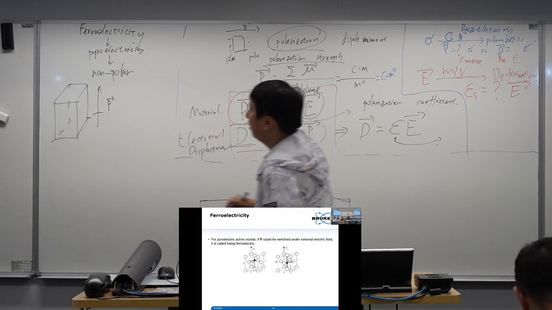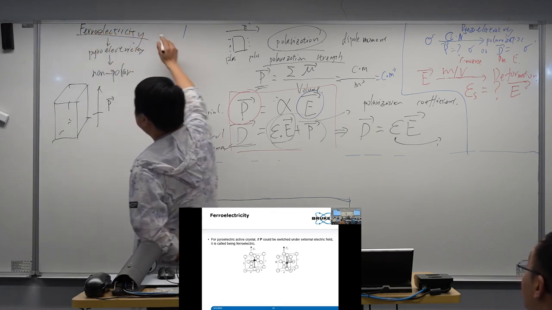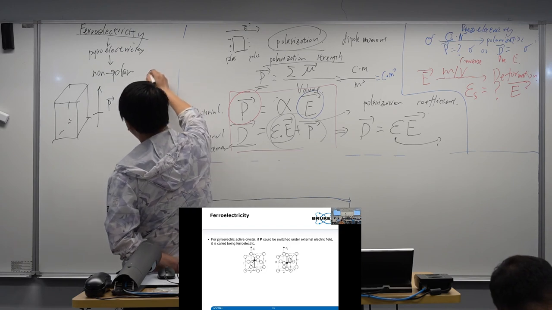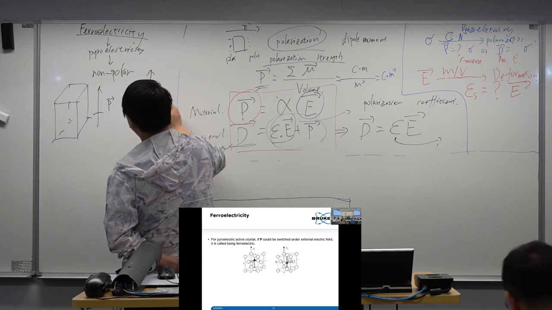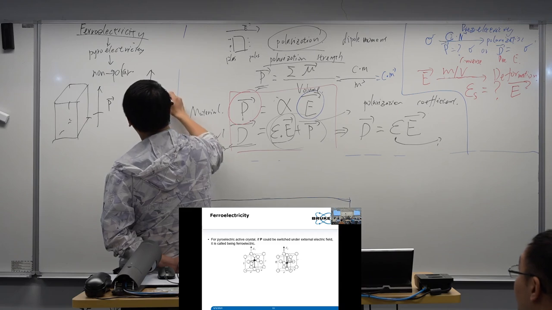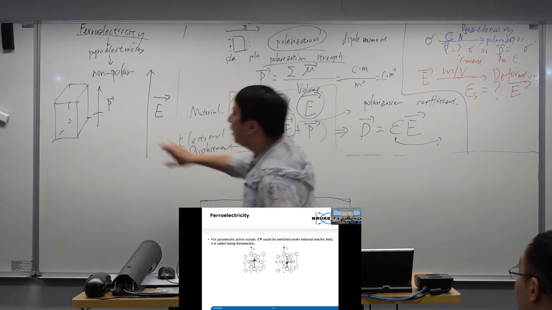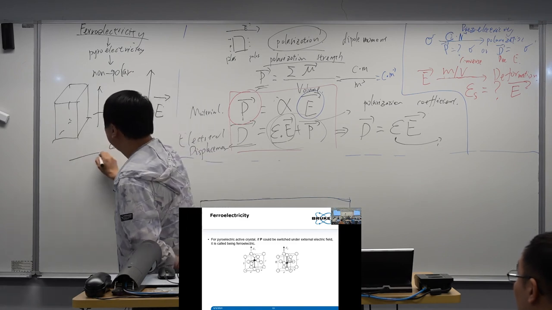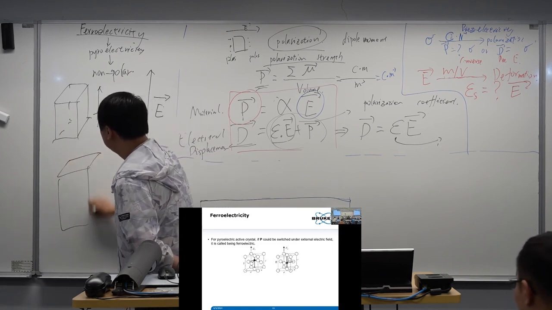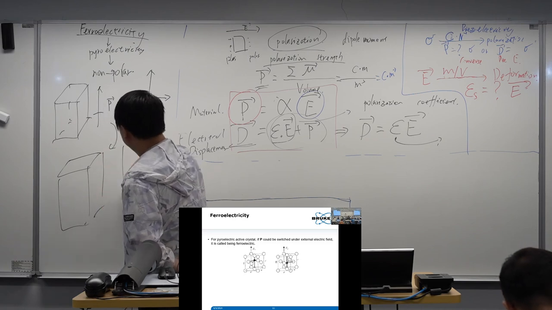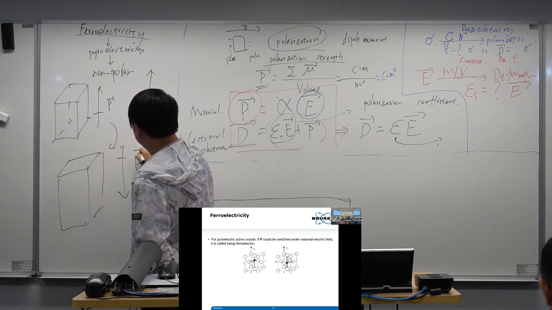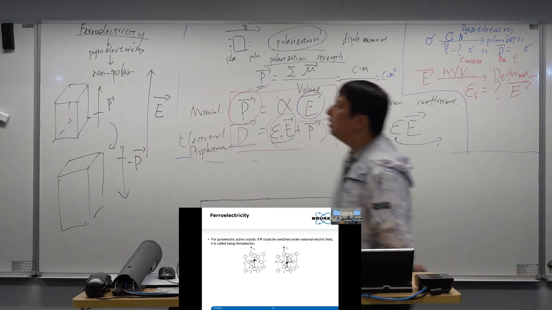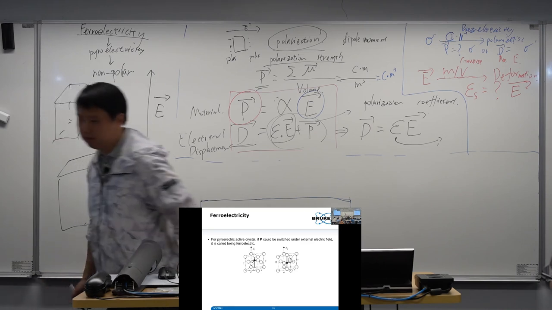And ferroelectricity means if we apply an electric field, we can change the polarization of these materials to another direction. So that's the meaning of ferroelectricities.